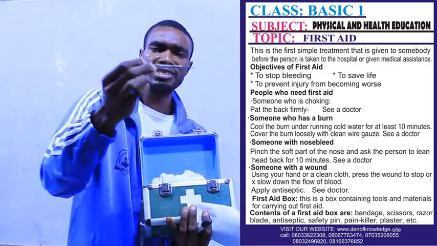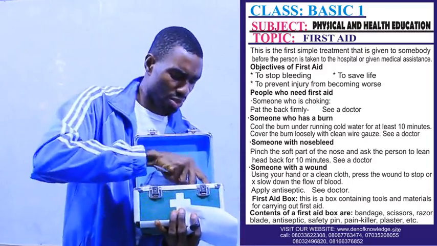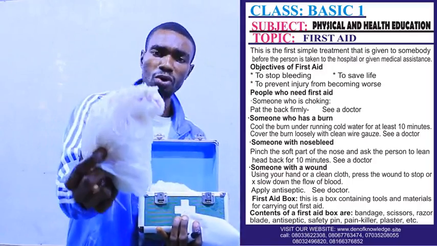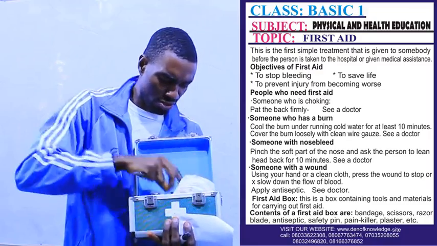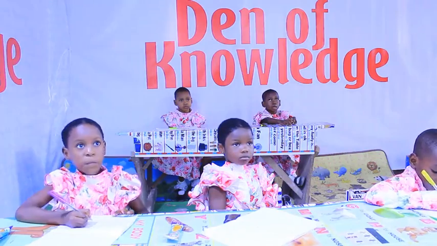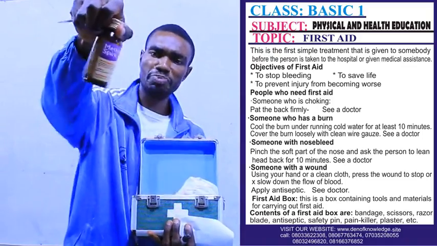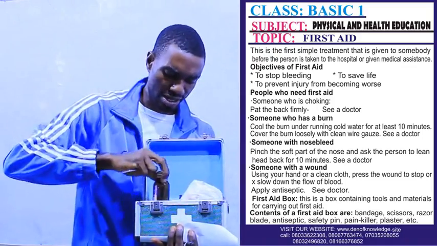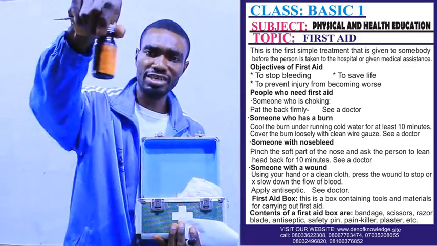We have the scissors. The scissors is used to collect the cotton wool, and then you touch it on your antiseptic, either hydrogen or your spirit, to clean an injury. We also have iodine.